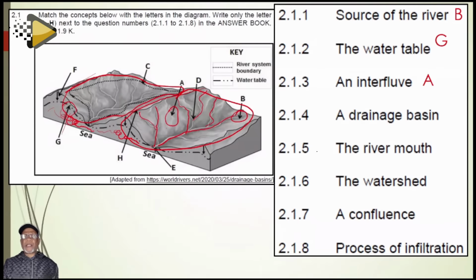The total area drained by the river system. Drainage basin is the total area drained by the river system, which means this entire area is a drainage basin because it has got a river system.